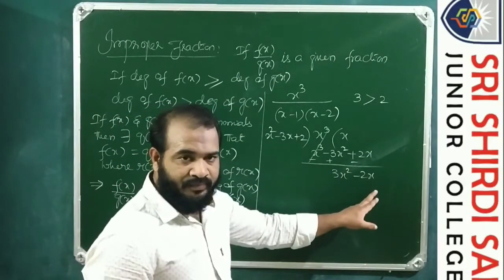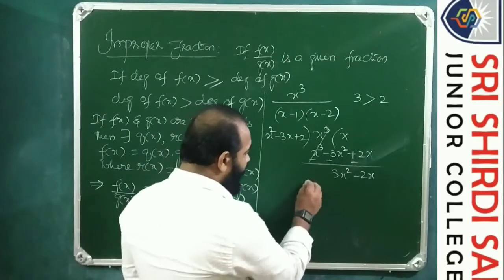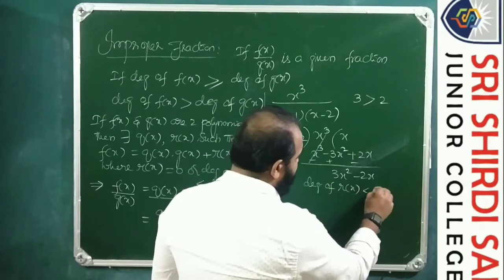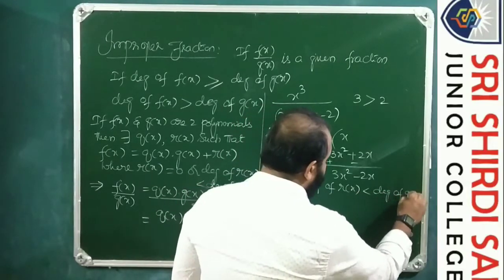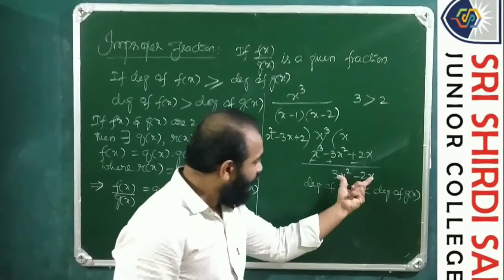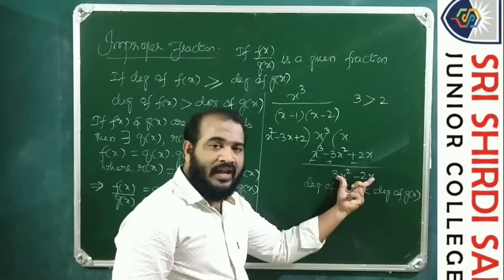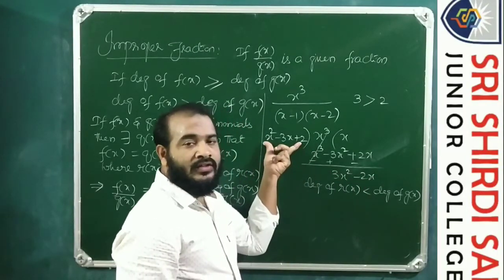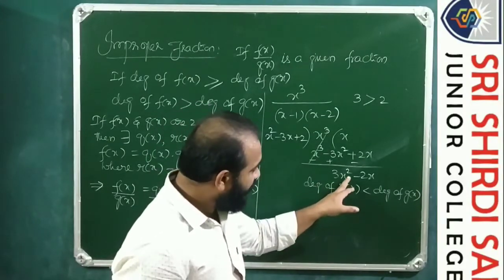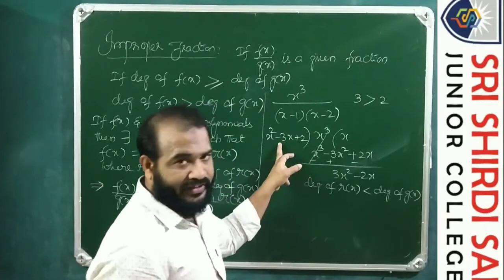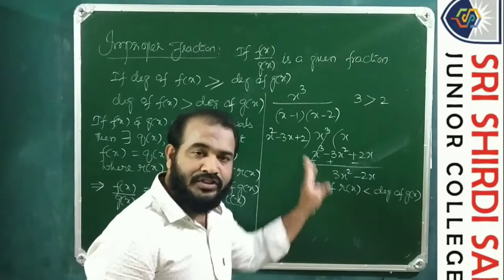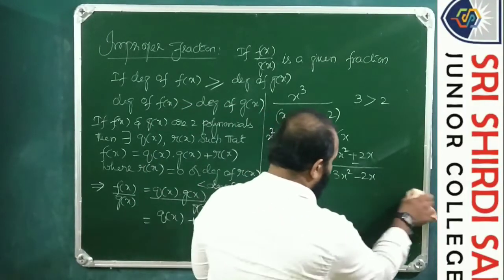As long as the degree of r of x is less than the degree of g of x, we stop; until the degree of the remainder is less than the degree of g of x, we continue the process. Therefore here, since the degrees of the remainder and g of x are equal, further division is possible. So let us divide.